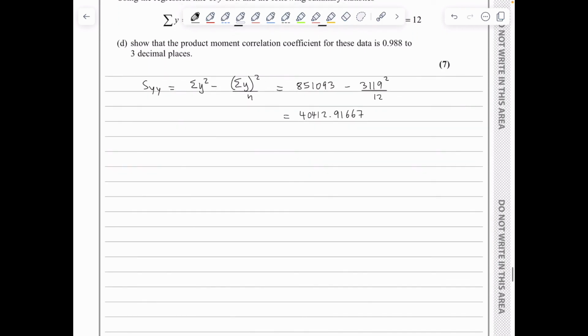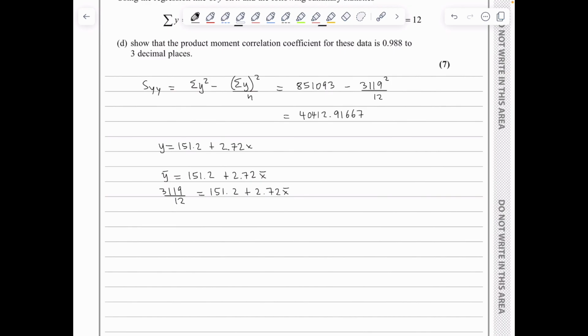Now, we know that the equation of the regression line was given to be y is 151.2 plus 2.72x, and we know that this line passes through the point x bar, y bar. So we have that y bar is 151.2 plus 2.72x bar. Well, y bar is 3119 over 12, which is 151.2 plus 2.72x bar.